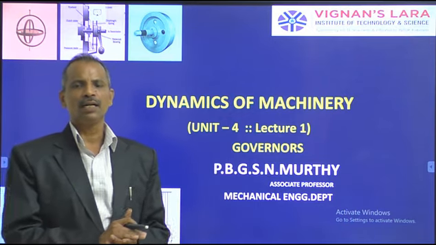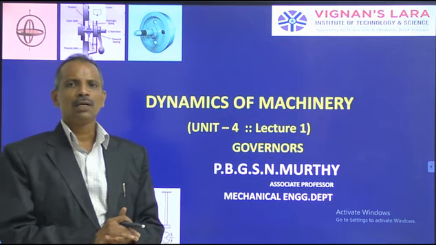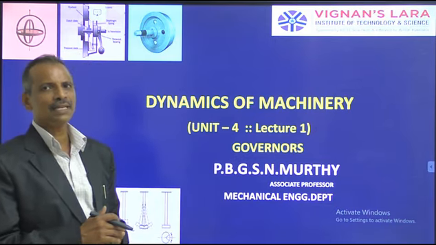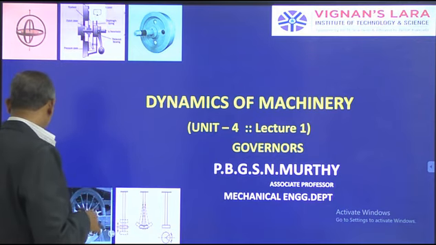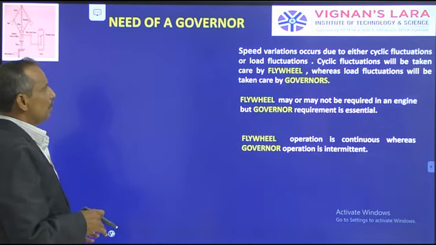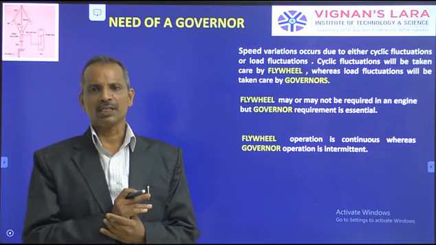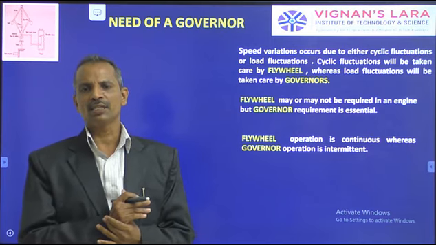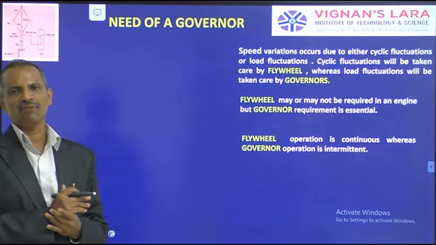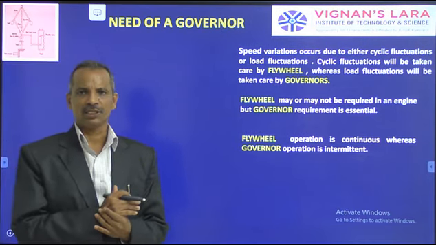Okay, then we said a device called governor is required when you have load variations on an engine. So let us first see how a governor is different from the flywheel. You are aware of the fact that speed variations will happen in two ways: one is because of cyclic fluctuations and the other one is load variations.